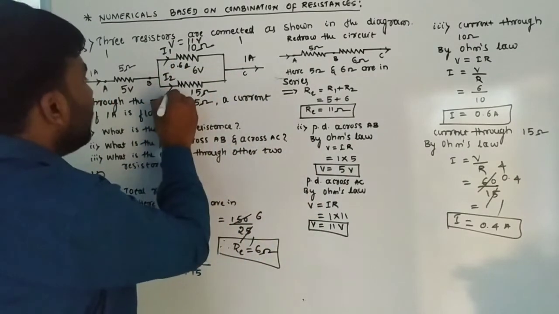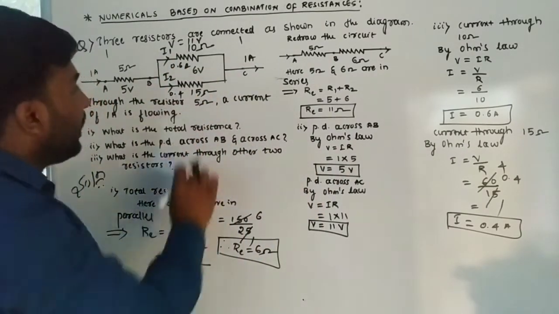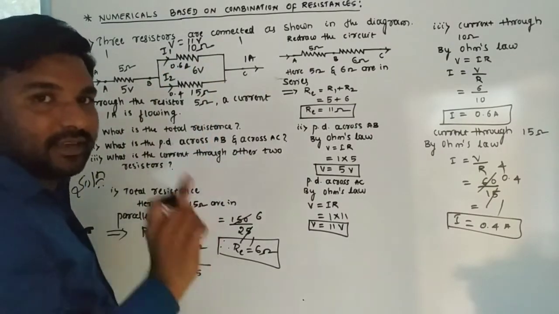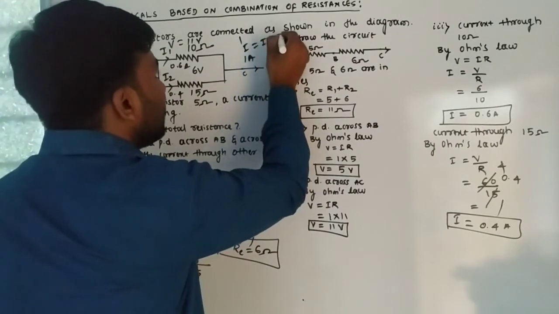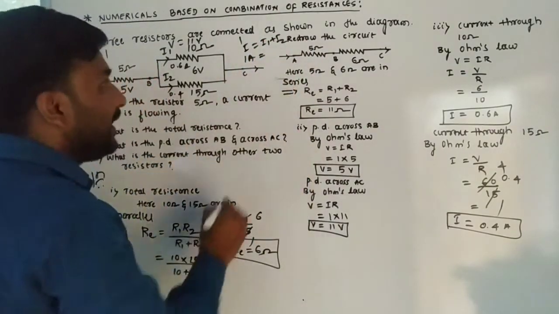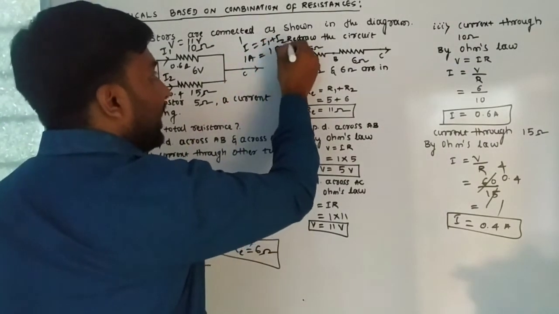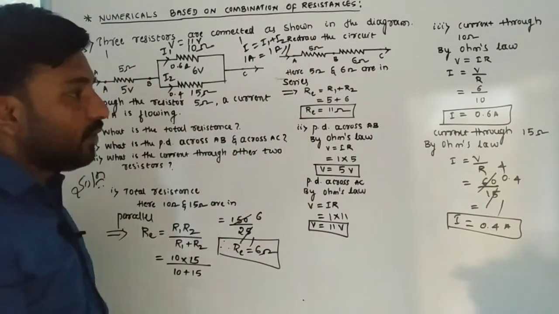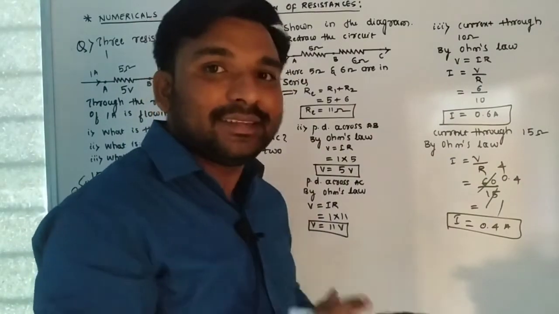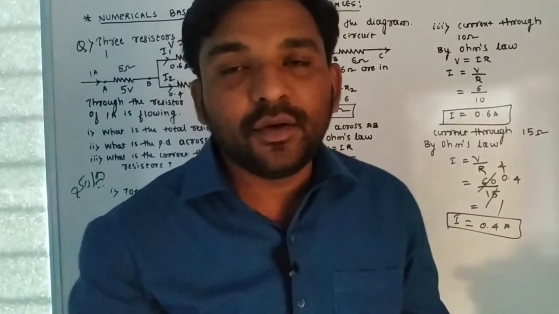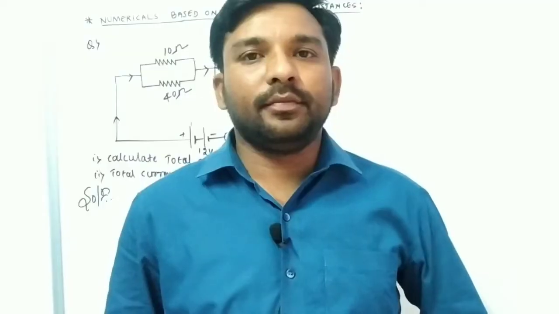Second one is 0.4 ampere. Now add these two. That is I is equal to I1 plus I2. You add these two. It is 1 ampere only. The current flowing is 1 ampere only. Hence, whatever values we got, it is correct. So hence, we have solved the problem.